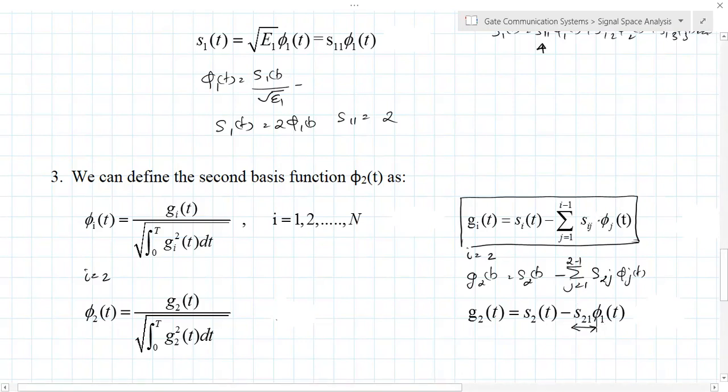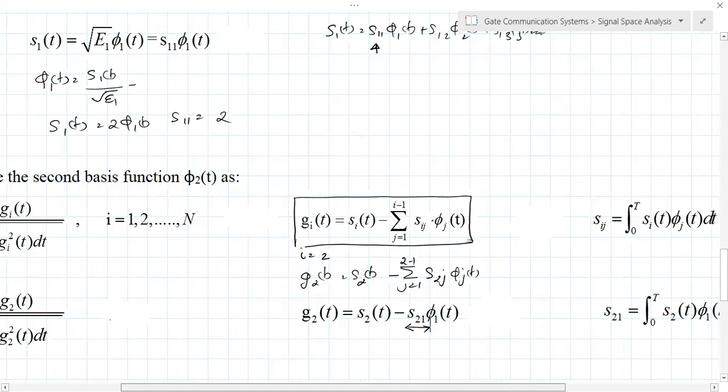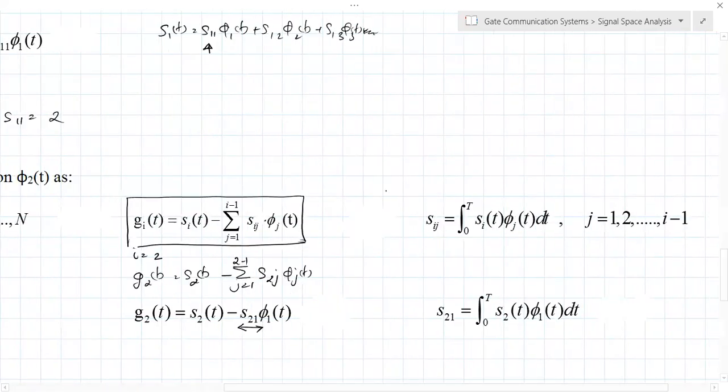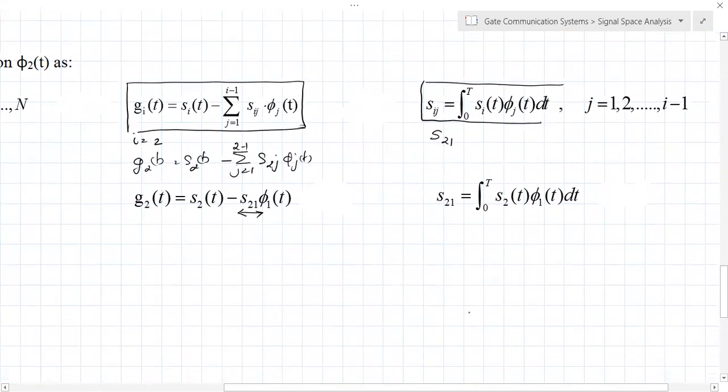And we'll see the formula to evaluate S21, because there is a general formula for Sij. In this formula, you can substitute the terms: we require S21, means i is equal to 2 and j is equal to 1. So S21 is equal to the integral from 0 to T of S2 of t phi 1 of t dt. So we can find S21.